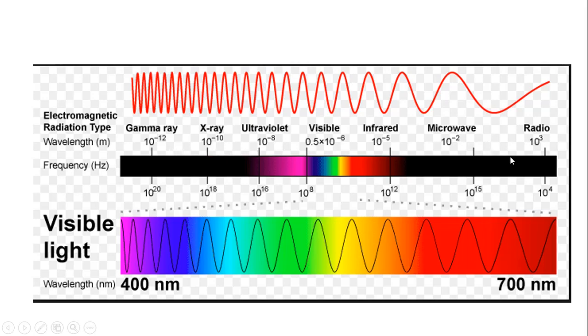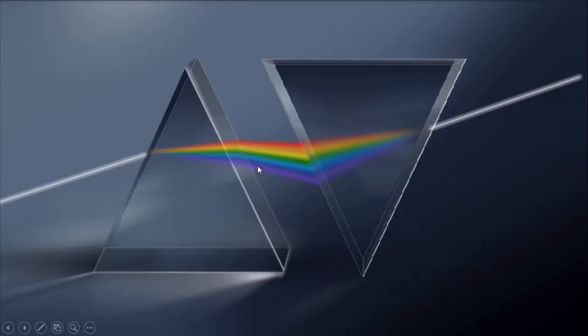And in this case, the red is the longer one and the violet is the shorter one. That's why this one travels longer than this one. This one will travel faster, and because they cannot walk together anymore, they will be separated and become monochromatic colors.